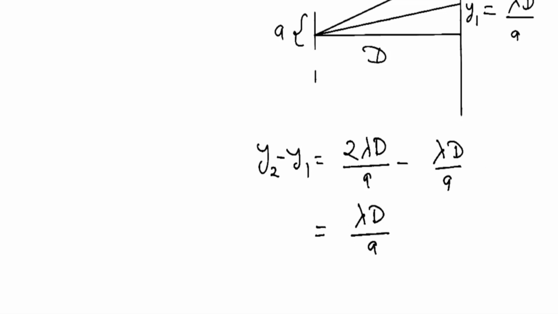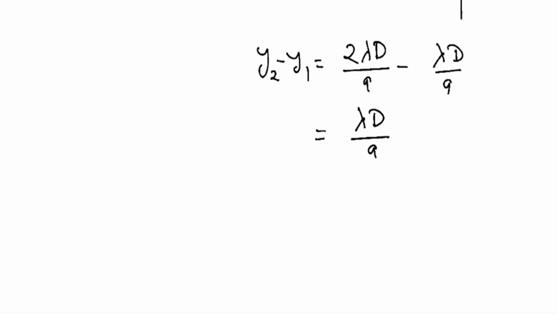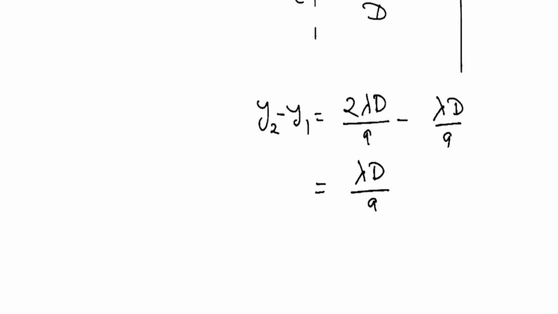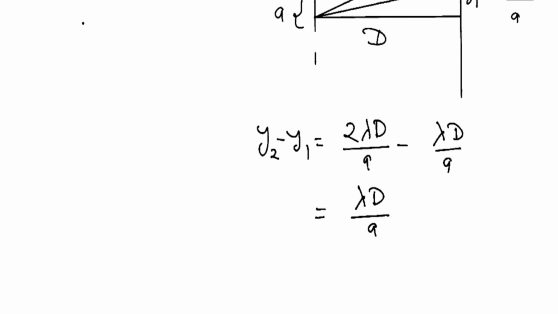So we know that for fringe width we have the formula beta equal to lambda D by d, and this d is the separation between the slits.